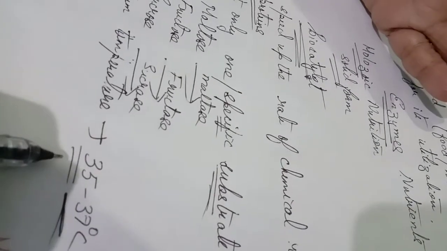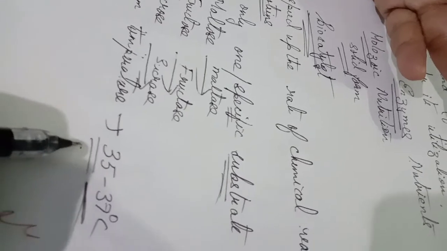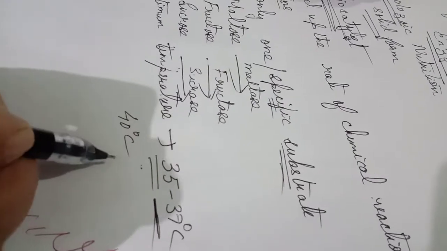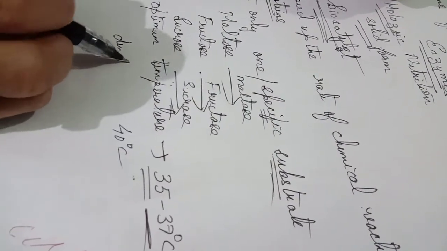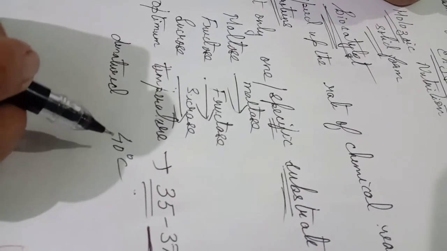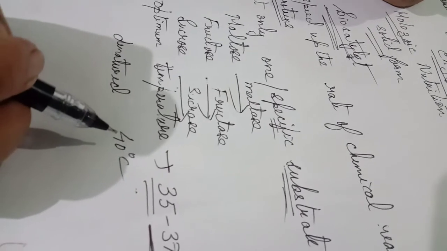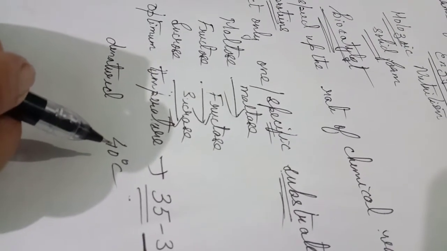They can work at lower than this temperature also, but their optimum temperature is the body temperature. At very high temperature, above 40 degrees Celsius, the enzymes get denatured. Denatured means destroyed. And at very low temperature, the enzymes become inactive. That is, they are inhibited. They cannot act.